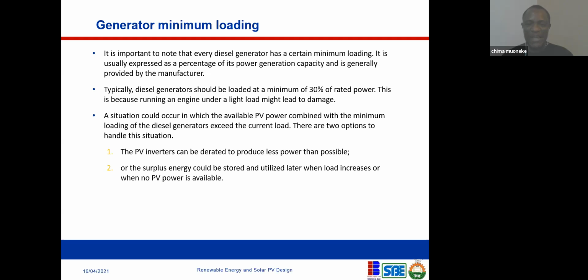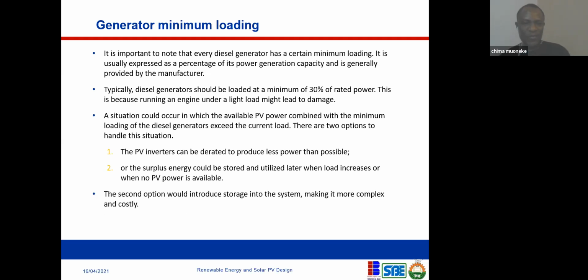So when this kind of situation arises, you just have to sacrifice some output from your solar system to fulfill this minimum requirement. The second option would introduce storage into the system, making it more complex and costly. Like I said, battery is expensive.